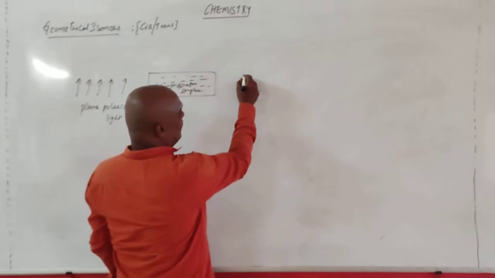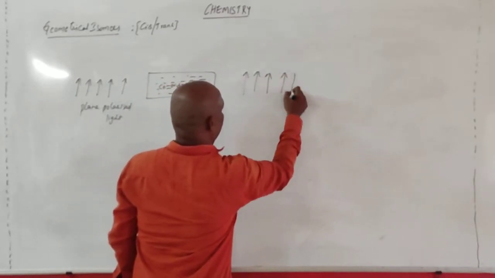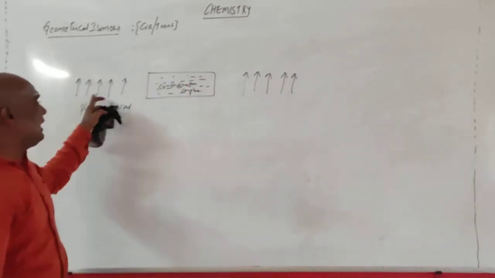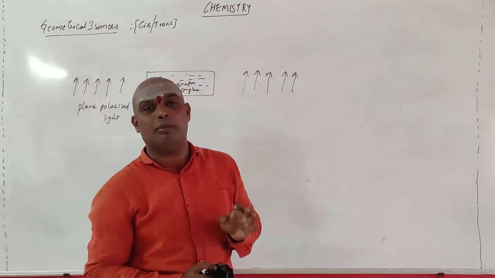If the light comes out as it is, in the same direction, there is no deviation in the movement of the light.